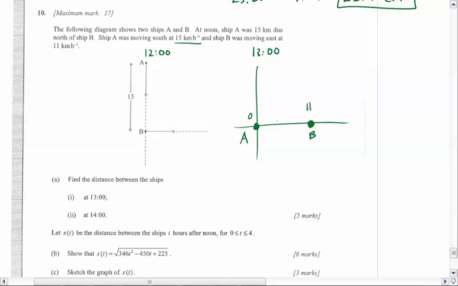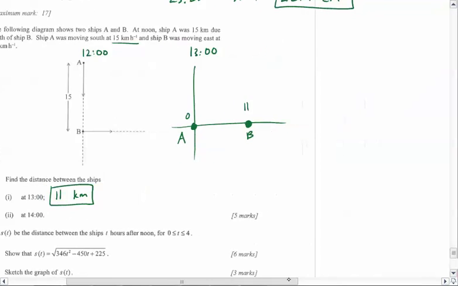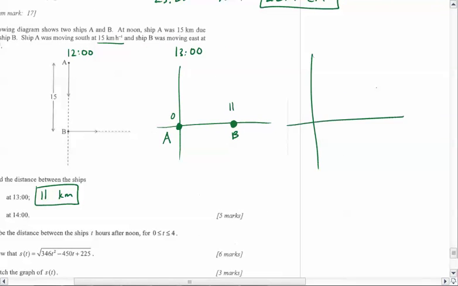So the total distance between 0 and 11 is 11 kilometers. At 2 o'clock, ship B is going to have moved another 11 kilometers, so it's going to be at 22. And ship A will have moved another 15 kilometers down, so it'll be at negative 15.